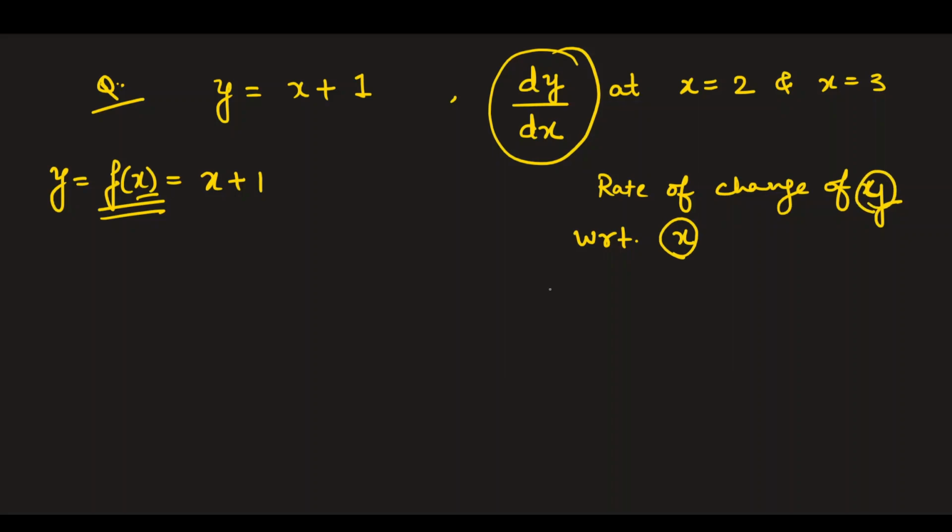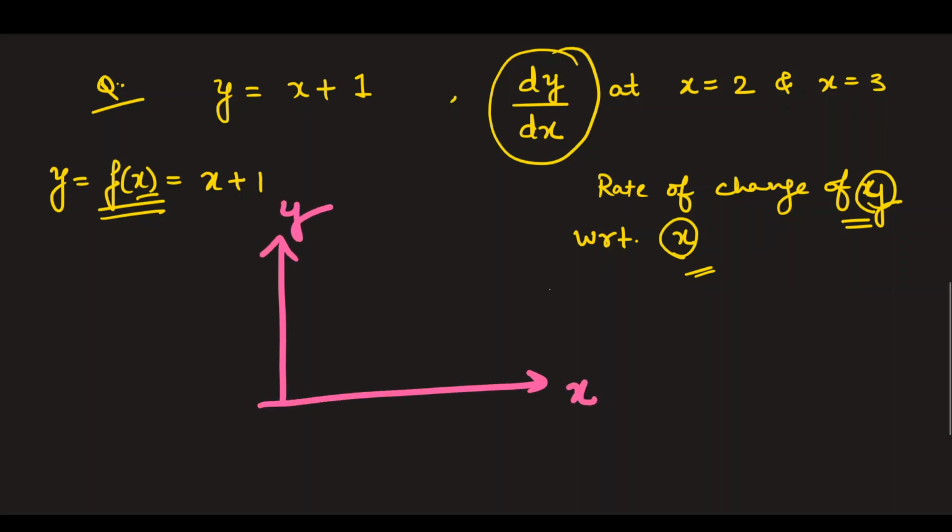These x and y are variables, so we are interested in the change that is created in y because of x. So for the example, first we will draw this line. This is x, this is y, and let's say the points are 1, 2, 3, and there's a point called 4.